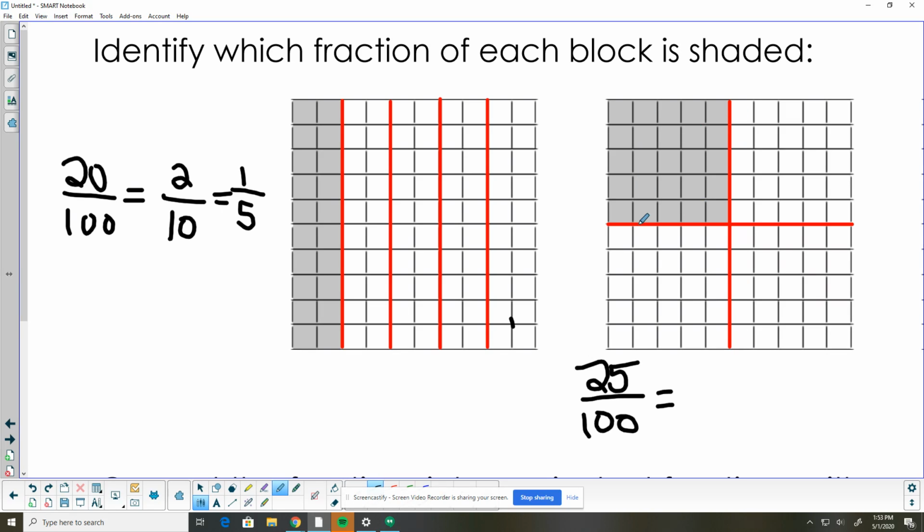But I notice when I look at the red lines, it's divided into 4 pieces. And one of those 4 pieces is shaded in. I know that 25 hundredths is equal to 1/4. They are the same thing.